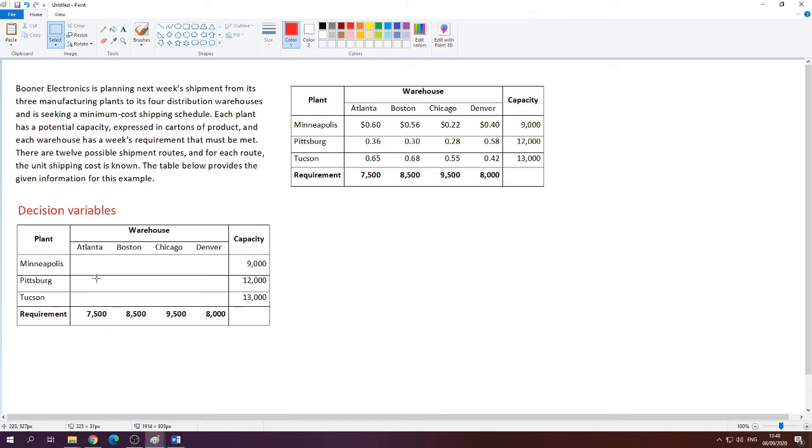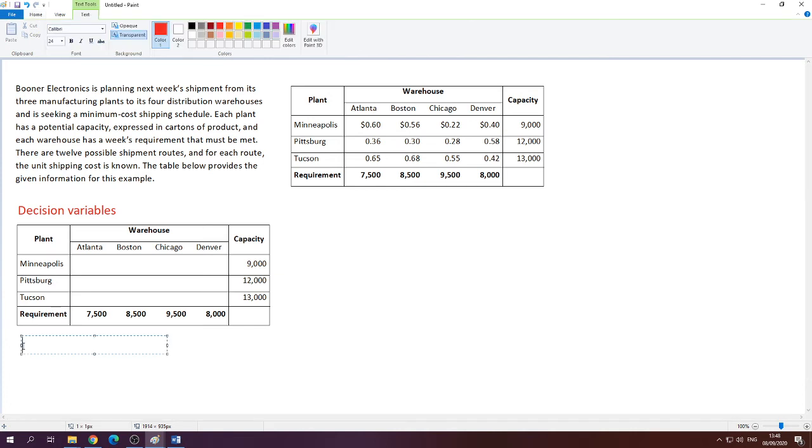So here we have 1, 2, 3 plants, and we have 1, 2, 3, 4 warehouses. So the plants are the rows and the warehouses are the columns. Now let's label the rows, or plants, as i, and j is the label for the columns, and the columns are the warehouses.